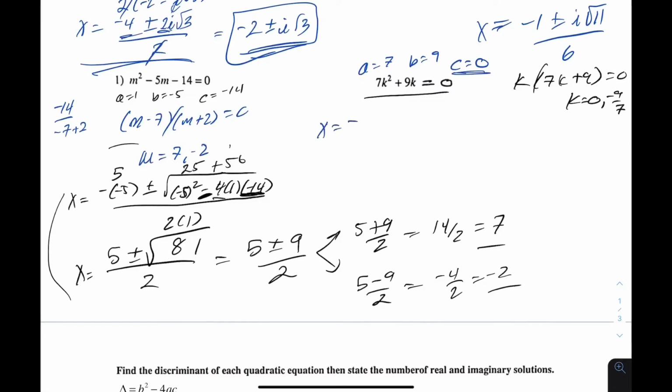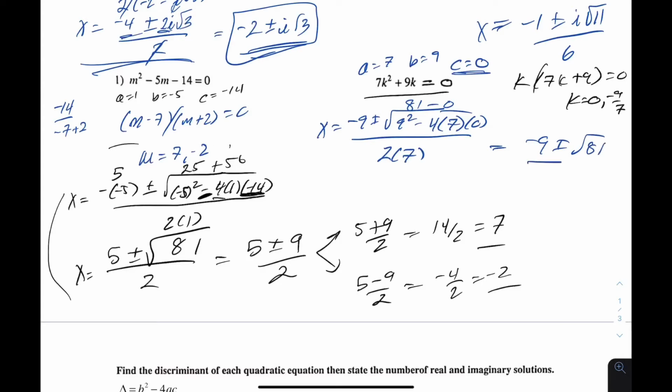So x equals negative b plus or minus the square root of b squared minus 4 times a times c, all over 2 times a. Well, in this case, I get 81 minus 0, so I just get negative 9 plus or minus the square root of 81 over 14. That's 9.